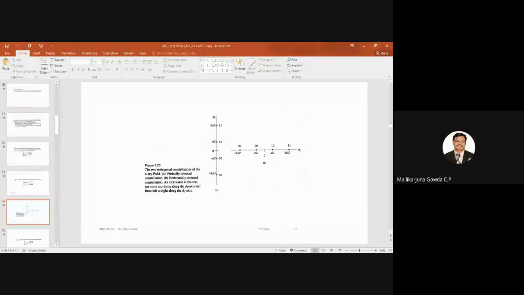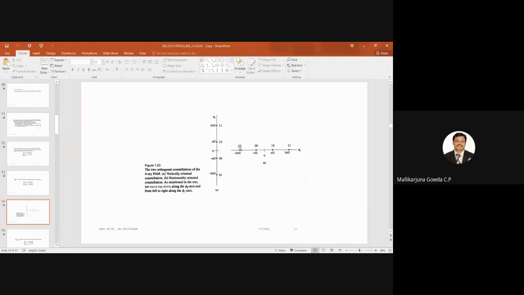With respect to writing the signal constellation diagram of this 4-ary PAM, what I said is, see this horizontal constellation diagram. There will be a change in only one bit, right?